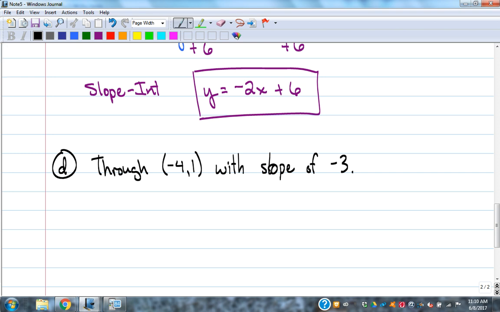Okay. So again, I'm going to start with point-slope form, and I'm going to abbreviate even further, PS, for point-slope. Y minus 1 equals -3 times x minus -4, which turns into +4. Remember.